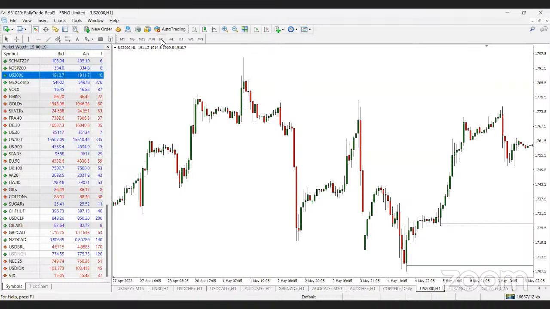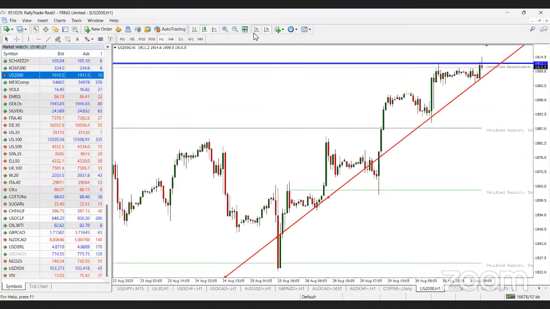So if you're trading US 2000, please note that it's already at a resistance, and because of that, we expect some level of retracement before, if at all, it pushes back up.